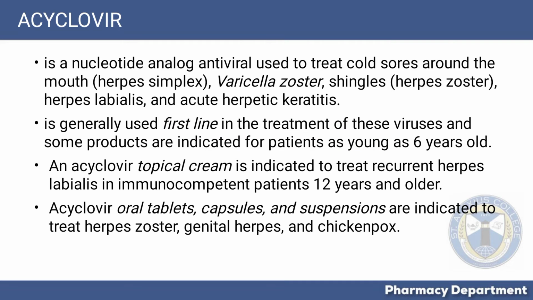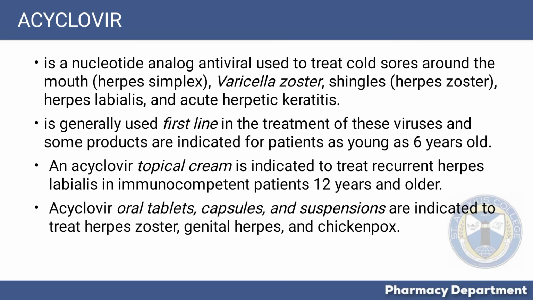Now, acyclovir is a nucleotide analog antiviral used to treat cold sores around the mouth caused by herpes simplex, varicella zoster, shingles caused by herpes zoster, herpes labialis, and acute herpetic keratitis. Acyclovir is generally used as first line in the treatment of these viruses, and some products are indicated for patients as young as 6 years old.